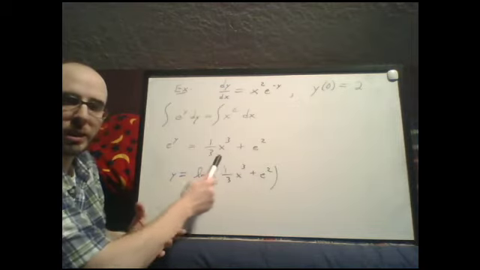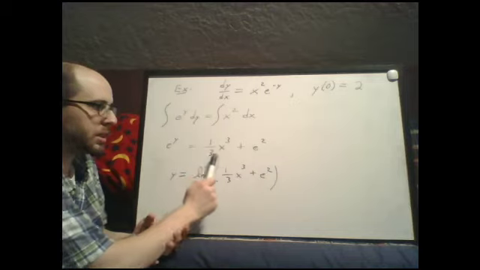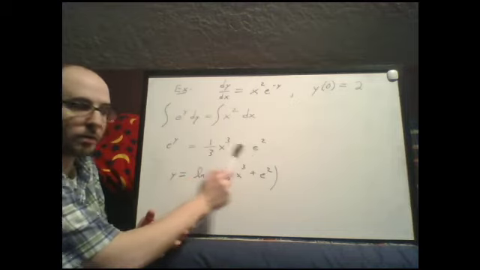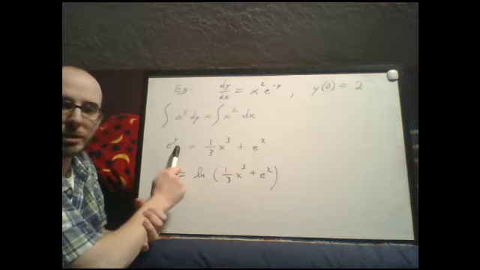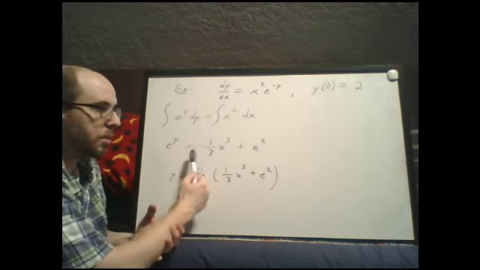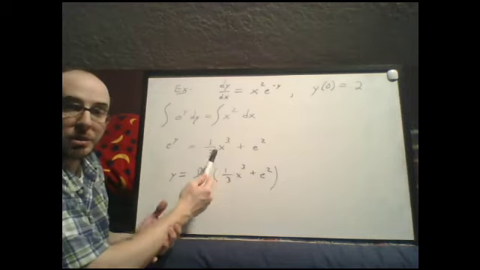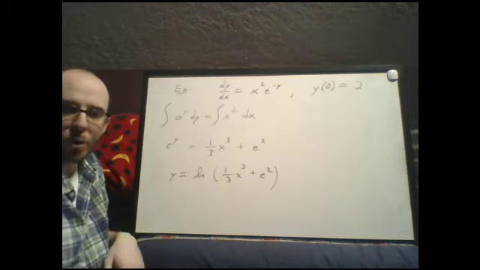Whatever this expression is, whatever x is, this has to end up being positive because e to the y is always positive. No matter what y is, e to the y is positive. So this is only going to be possible for certain x values, and that's going to determine what the domain is for your y function.